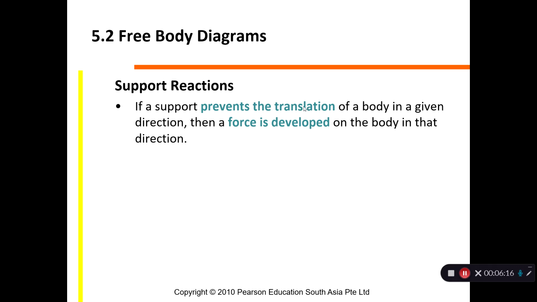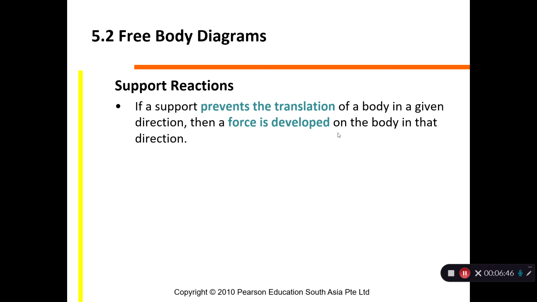An easy way to understand this is to think of yourself standing on the ground. Are you able to move through the ground? Obviously not. Is the ground able to move up with you standing on it? Obviously not. While you are standing on the ground, your weight is acting downwards, but not only that, the ground is also pushing up towards you.